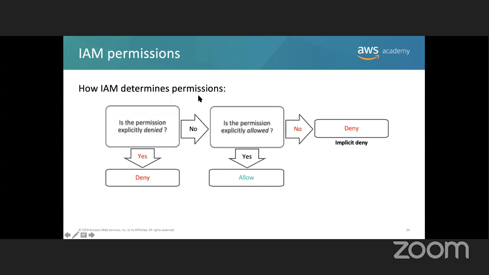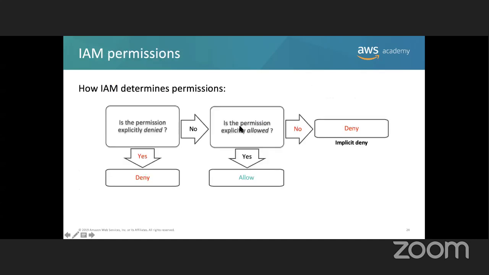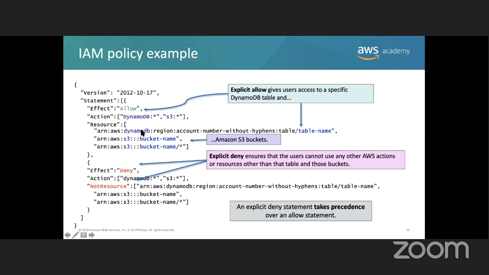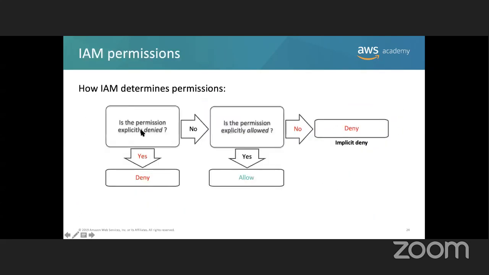How IAM determines permissions. Is the permission explicitly denied? If yes, deny. If no, then is the permission explicitly allowed? If no, deny. If yes, allow. Remember, we said that whatever is explicitly denied cannot be allowed.